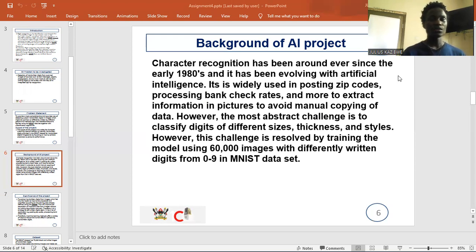However, we have some challenges with this. There are still more challenges in this kind of system. Remember, different people write in different sizes, thicknesses, and styles. People twist their digits. People write in awkward ways.